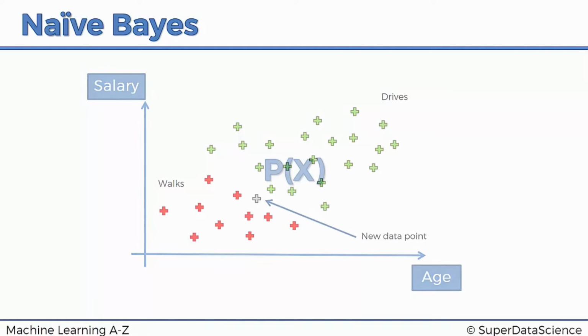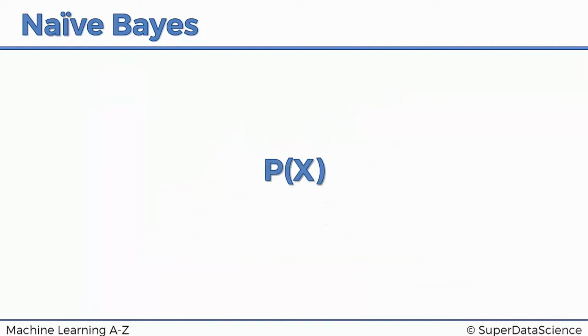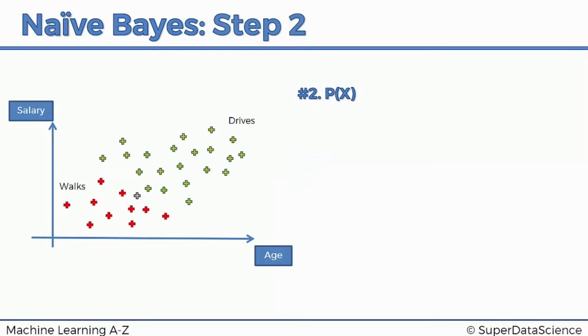All right. Number two, P of X. So let's have a look at what we performed. Let's rewind and analyze what we did in our steps in the previous tutorial. In step two, what we did is we took P of X. When we were calculating P of X, we drew a circle around our new data point. We removed the data point just so it's not in the way.